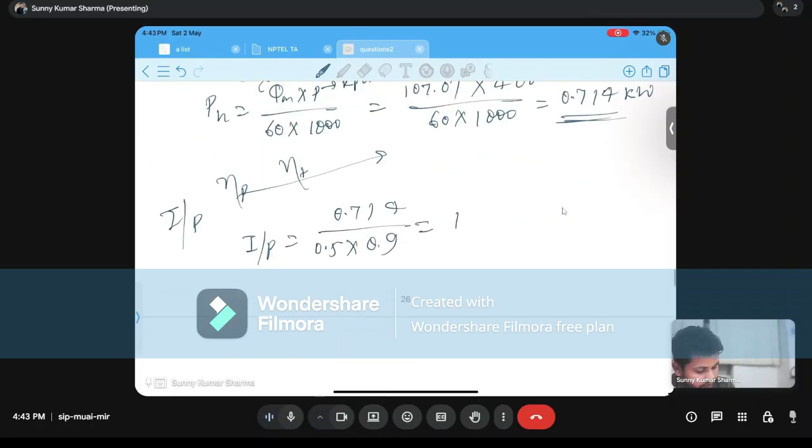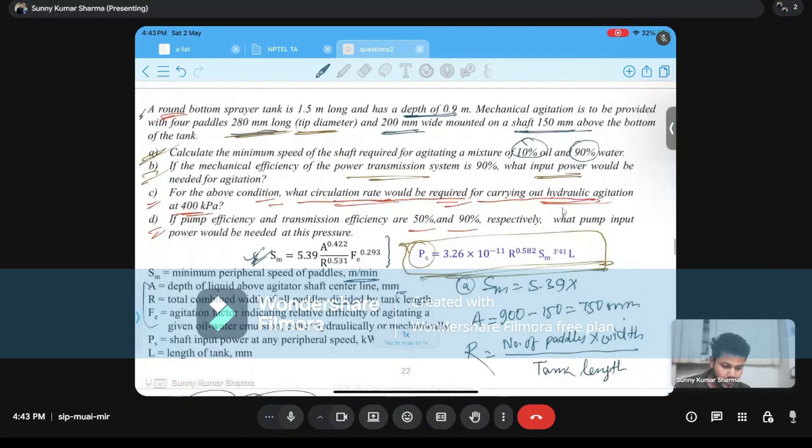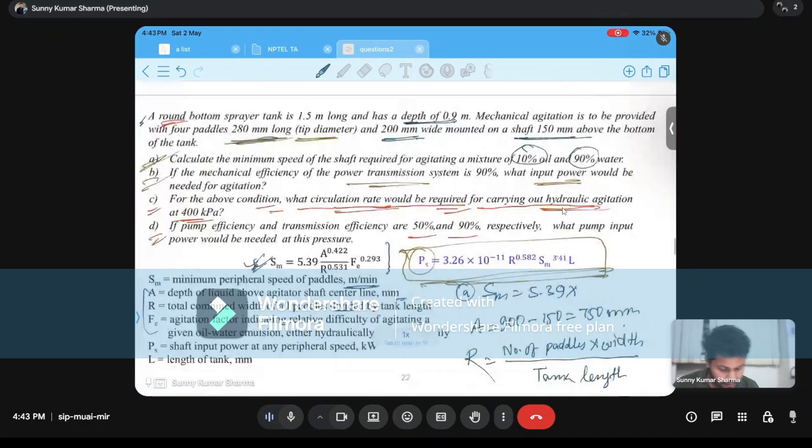So this value you will finally get as 1.586 kilowatt. So this was the question, and you should solve it on your own to get conceptual clarity. This consists of many concepts, so solve it on your own at home.